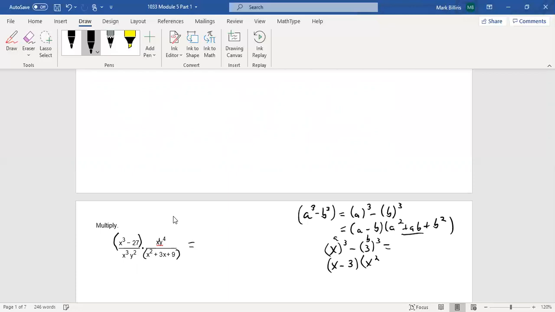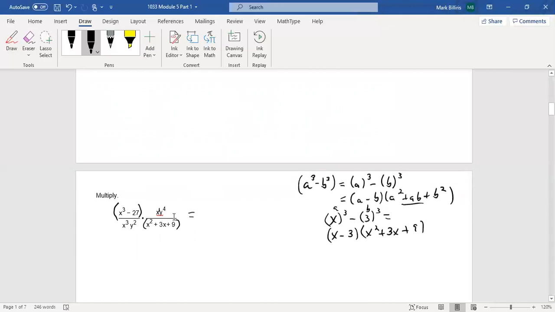Then we have a plus a times b, which would give us 3x, plus b times itself, so 3 times 3 is 9. So the x cubed minus 27 factors to x minus 3 times x squared plus 3x plus 9.